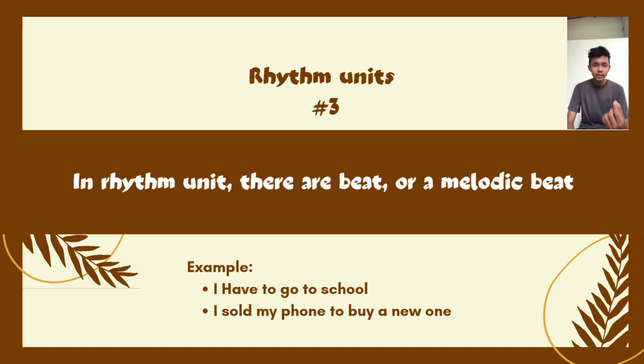Let's take a look at this example. I have to go to school. See the beat right there? I have to go to school. I have to go to school. Have, go, school. See? What's interesting about rhythm units is that when we are still babies or little children, we speak only the content words without the grammar.